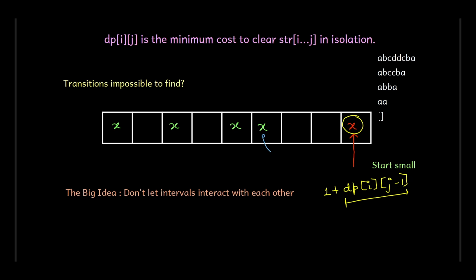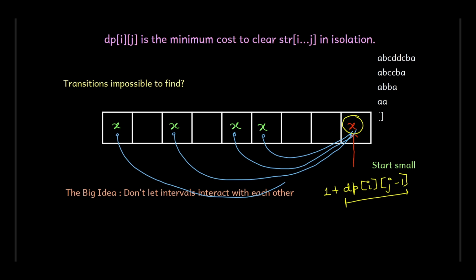It could either be this element, or this element could act as the left neighbor, because it is not necessary that both of them should be taken. Then this can also act as one of the neighbors. Actually, maybe in this case it might be necessary, but it doesn't really matter. And this could also be the next neighbor.